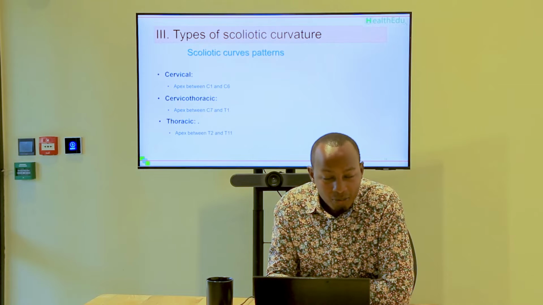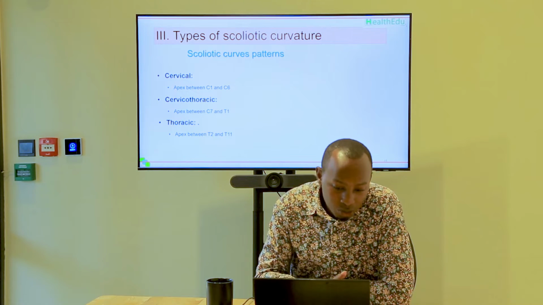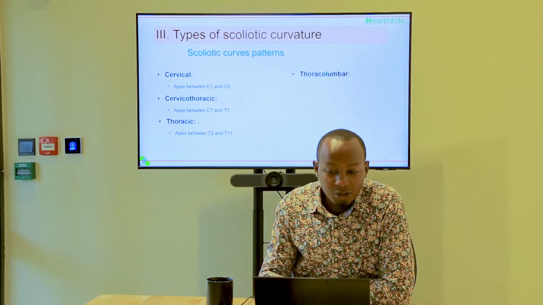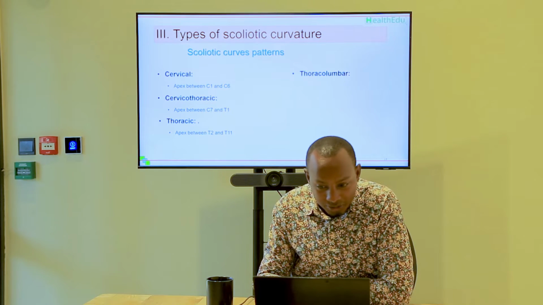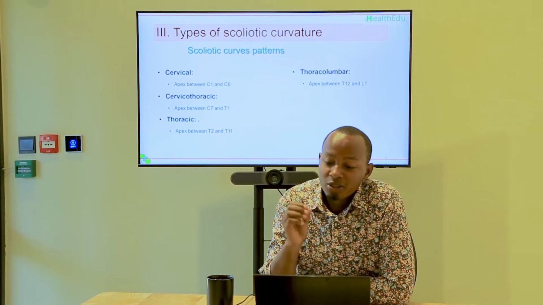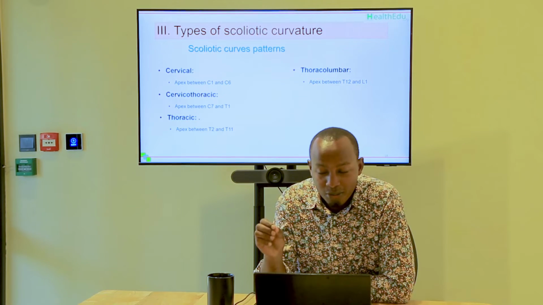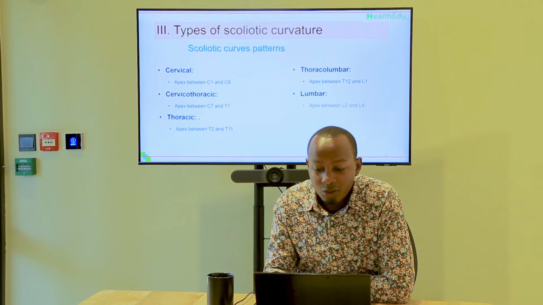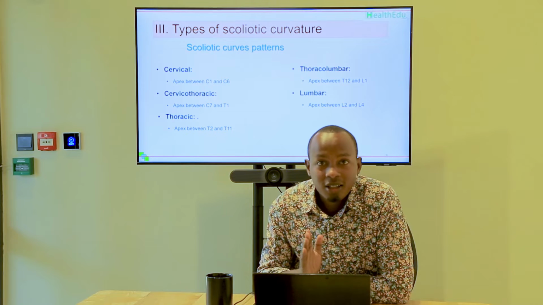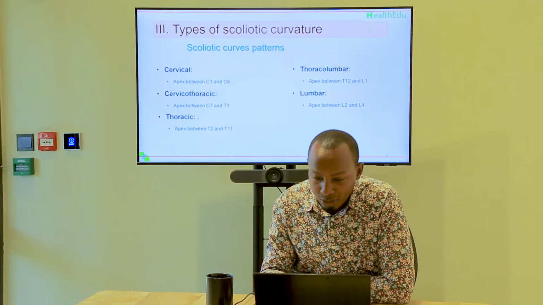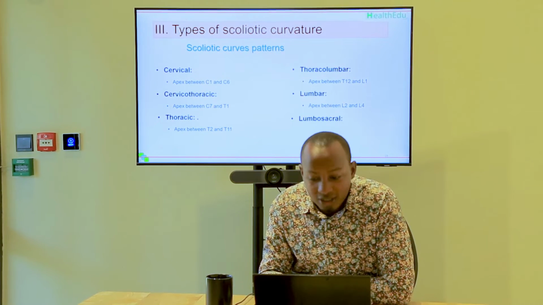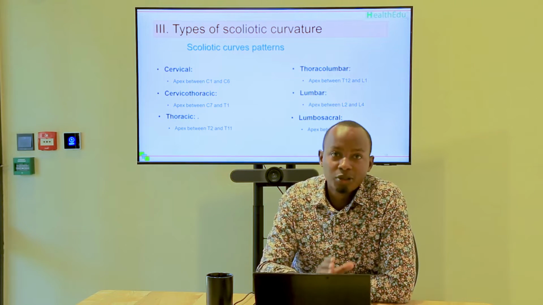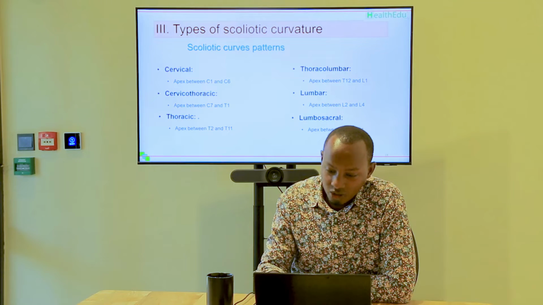It's when the apical vertebra is between T2 and T11. How about the thoracolumbar curvature? It's when the apical vertebra is between T12 and lumbar 1. And the lumbar curve pattern is when the apical vertebra is between lumbar 2 and lumbar 4. And the last one is the lumbosacral curve pattern, when the apical vertebra is located between L5 and S1.